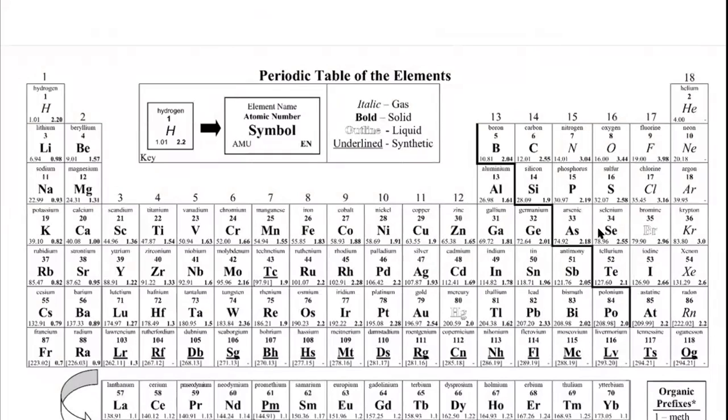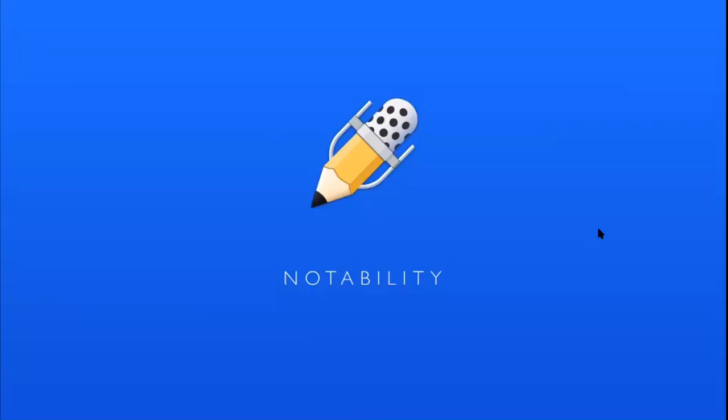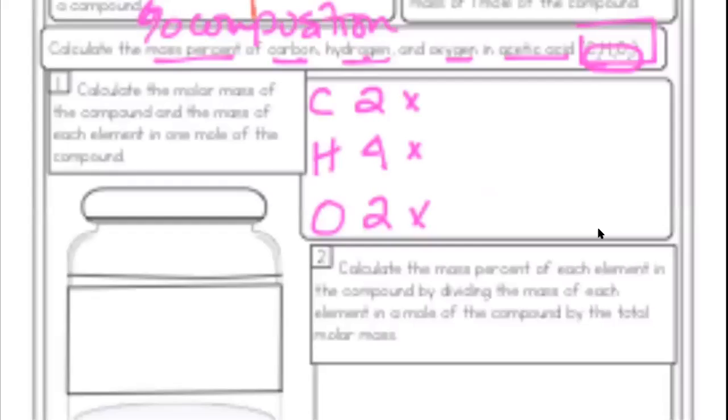So here is carbon over here. Carbon is 12.01 for the atomic mass or the molar mass. Hydrogen is here, 1.01. And then oxygen is 16.00. It's over here. So those are the 3 atomic masses or molar masses that we need from the periodic table. So let's come over here and we're going to fill them in.